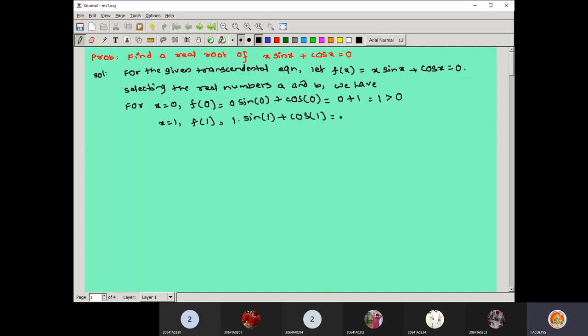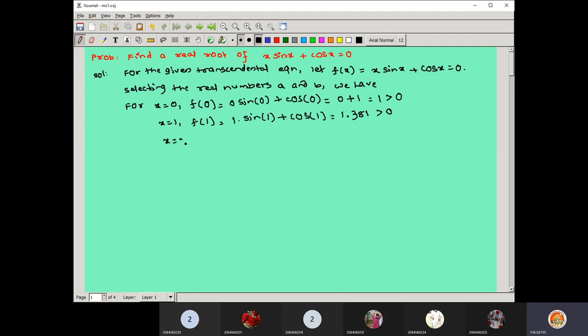So 1 sin of 1 plus cos of 1 gives 1.381, which is also greater than 0.